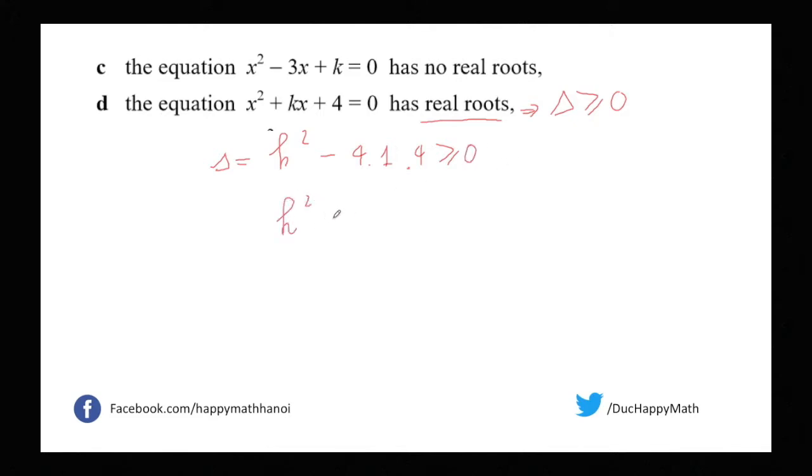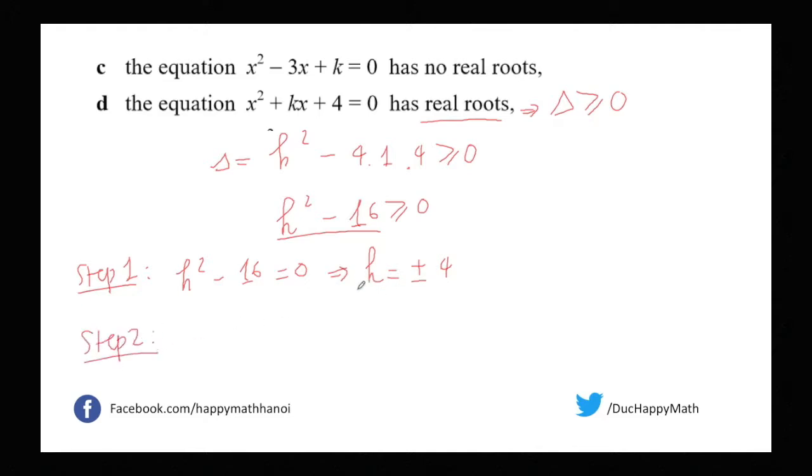So we get k squared minus 16 greater than or equal to 0. This is a quadratic inequality. In step 1, you find the values of k that make this function equal to 0. It means k squared minus 16 equals 0, and you get k equal to plus or minus 4.